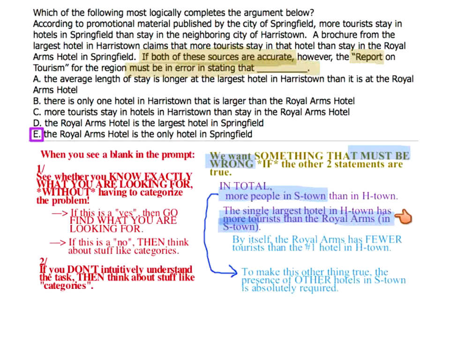So if you have one hotel that contains more people, then of course if you added them all up, they would have even more people. So C is not only not the answer we want, but C must be true. So C is the opposite.